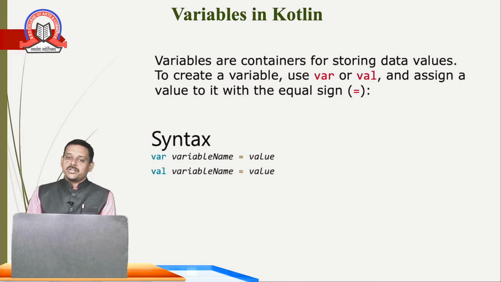As you can see on the screen, the syntax is very simple: val or var followed by the name of the variable, and we give a value with the help of the assignment operator. So the syntax is var, variable name, equal to value. Value might be in a string or in a numerical format.